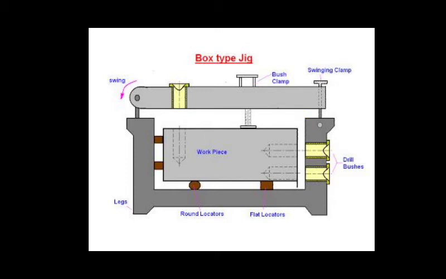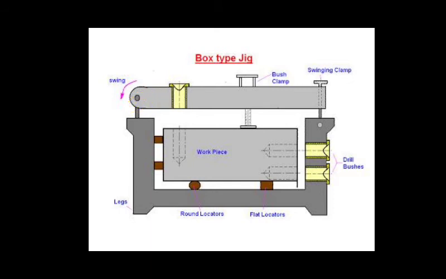Such a jig should be as light as possible since it will be lifted again and again. So here you can see the swing arm, and here the clamp is there. If you want to perform a drilling operation on the workpiece, you are supposed to remove this clamp and open this arm, so it will swing over.